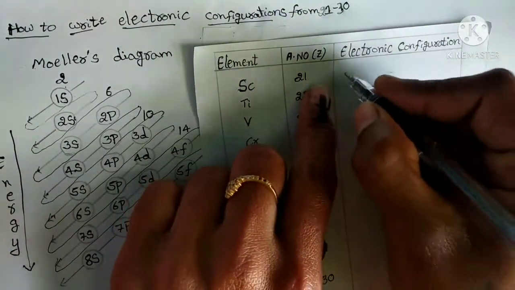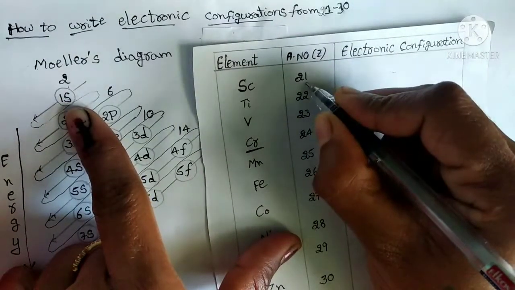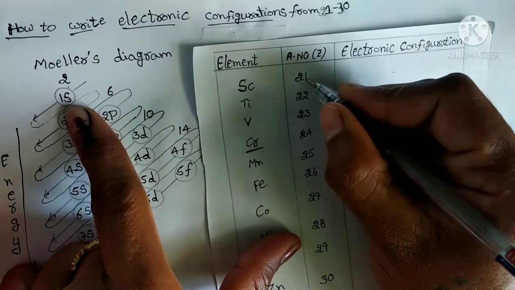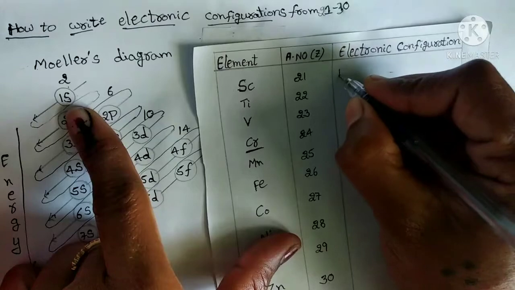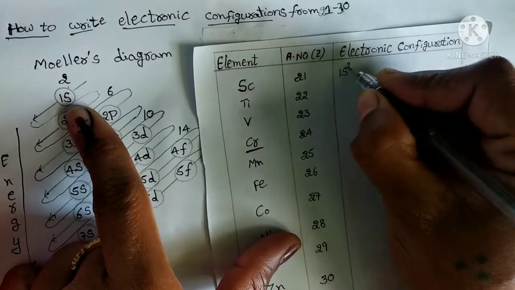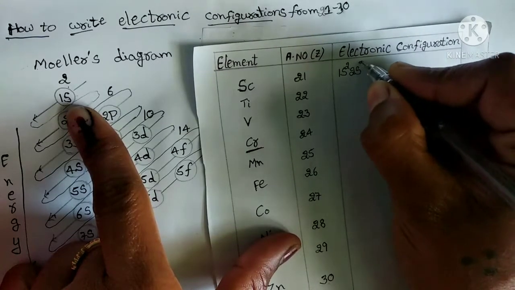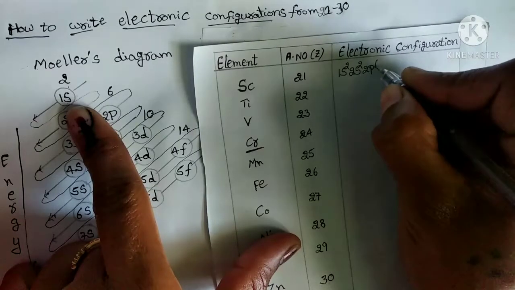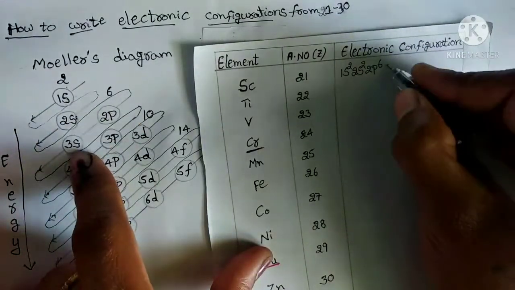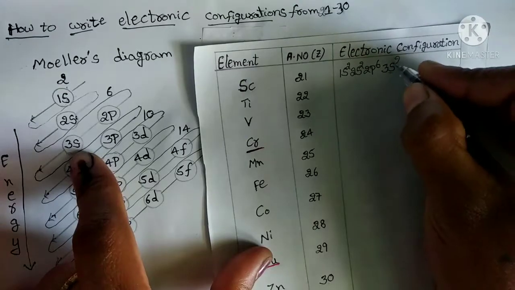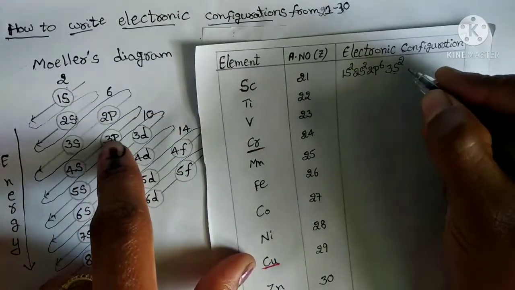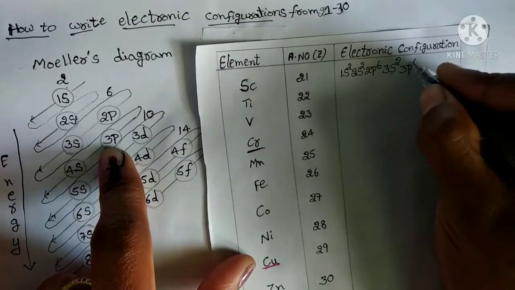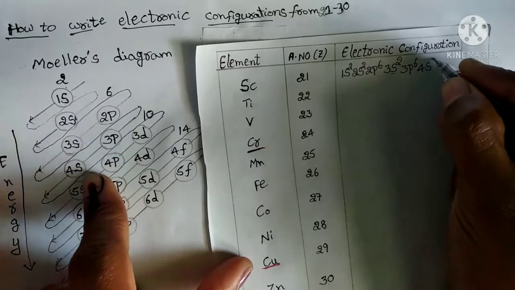Now scandium. How many electrons? 21. Why? Because its atomic number is 21. So here 1s2, 2s2, 2p6, 3s2, 3p6, 4s2.